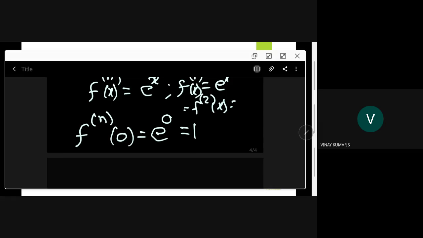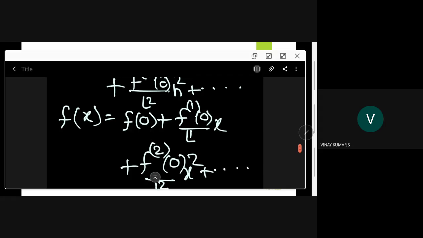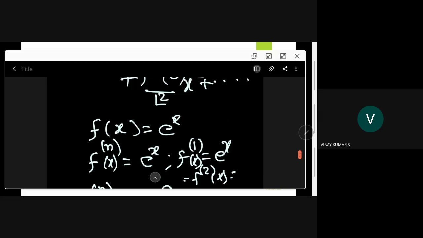So once we substitute this in this expansion, f of x is e power x, which is equal to f of 0, e power 0 is 1, plus f dash of 0 by factorial 1. So f dash of 0, we have already seen, is 1.